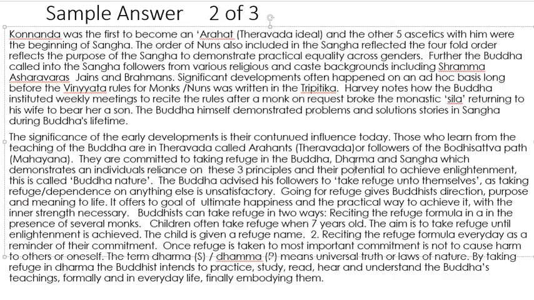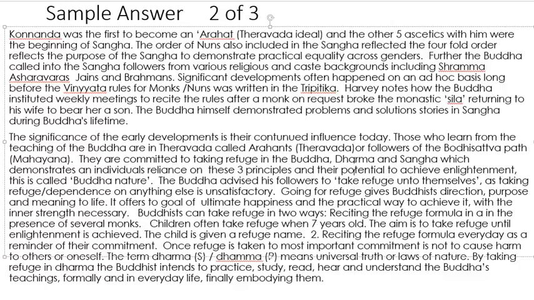They're committed to taking refuge in the Buddha, Dharma, and Sangha, which demonstrates an individual's reliance on these 3 principles and the potential to achieve enlightenment. This is called Buddha nature. The Buddha advised his followers to take refuge unto themselves, as dependence on anything else is unsatisfactory. Going for refuge gives Buddhists direction, purpose, and meaning in life. It offers them a goal, ultimate happiness, and a practical way of achieving it with the inner strength necessary.